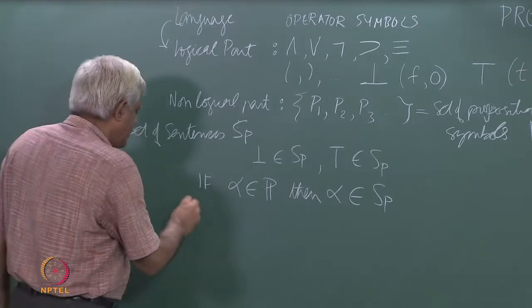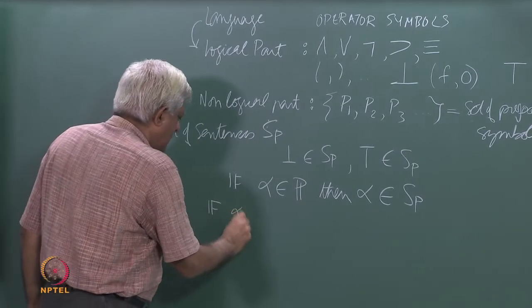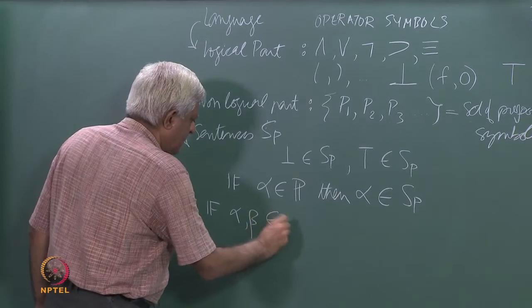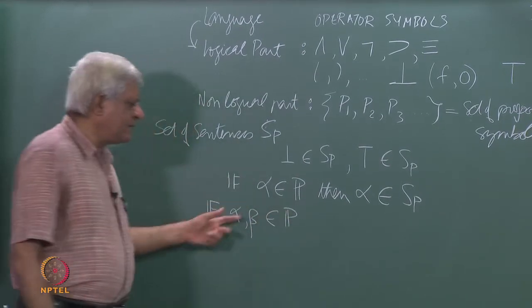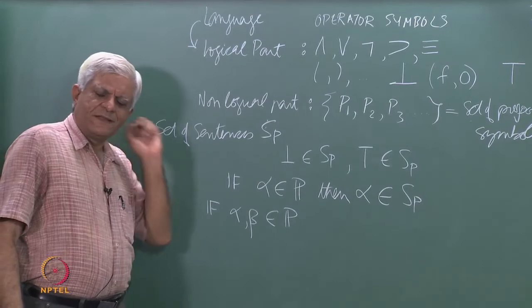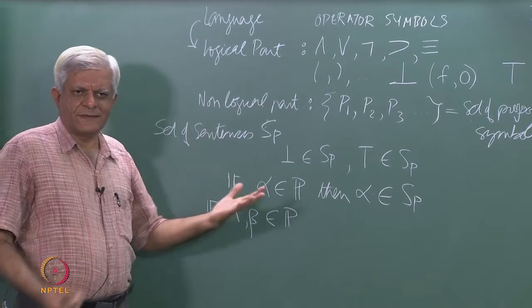And then we say that if alpha and beta belong to SP, and the operator is a binary operator symbol. So, alpha and beta, these Greek symbols we will use as variables to stand for any sentence essentially.